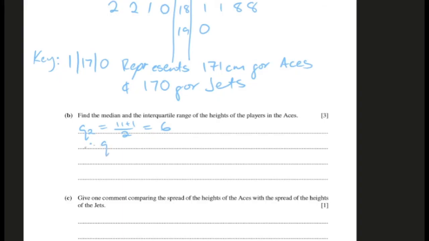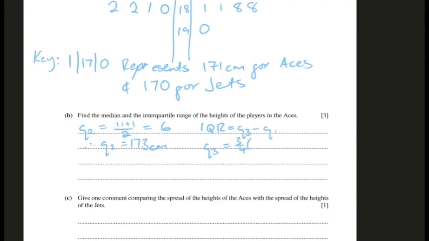The formula for interquartile range is Q3 minus Q1. Q3 is the upper quarter, and to find the position of the upper quarter, we're going to say 3/4 of 11 plus 1. So that's 3/4 of 12, which is equal to 9.